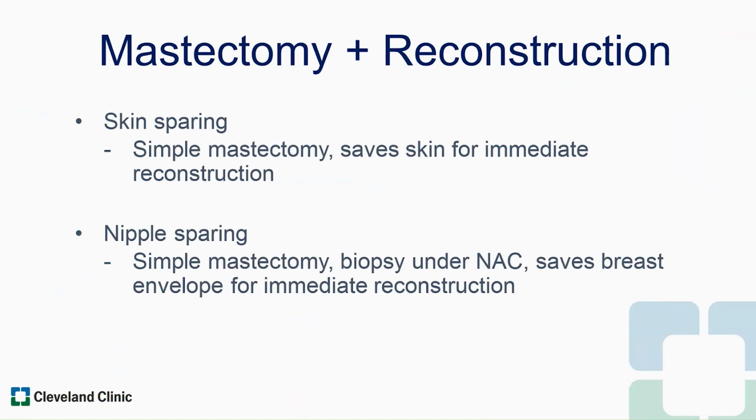It's called a core nipple biopsy, to remove those milk ducts and test them, to make sure that from an oncological standpoint it's safe to perform, but it saves the breast envelope and the nipple for immediate reconstruction. Studies with at least 20-year follow-up have shown that the nipple is really just a margin. It looks good, but if there's no cancer going up to that nipple, from an oncologic standpoint, it's safe to keep.